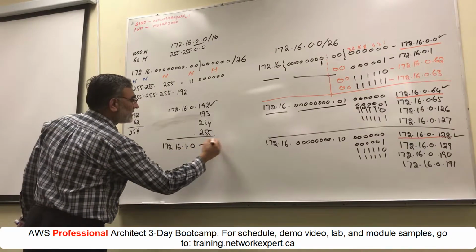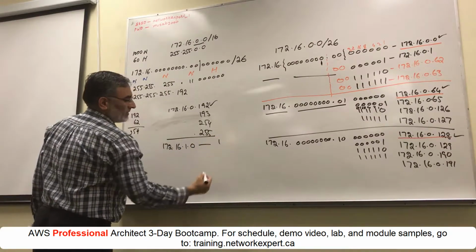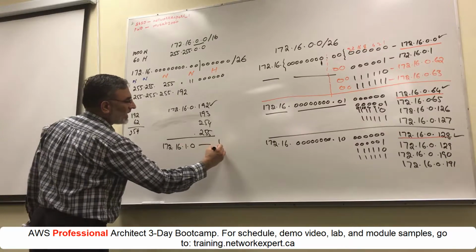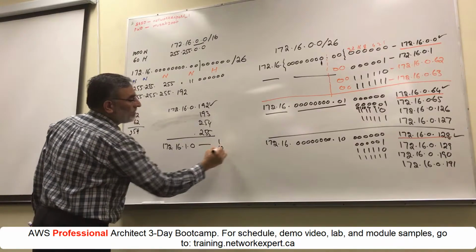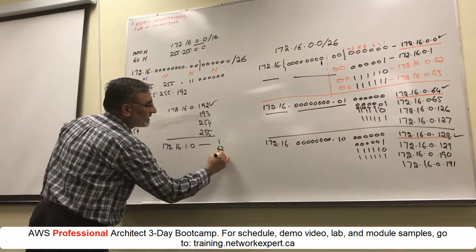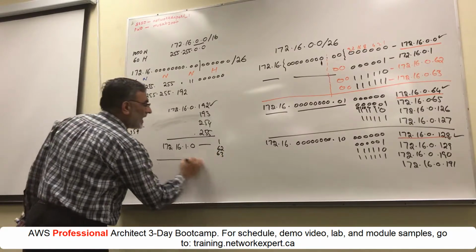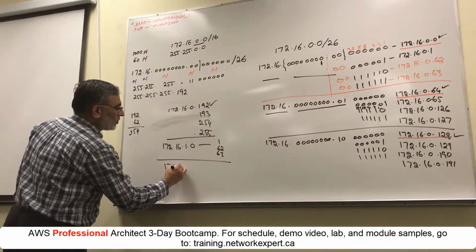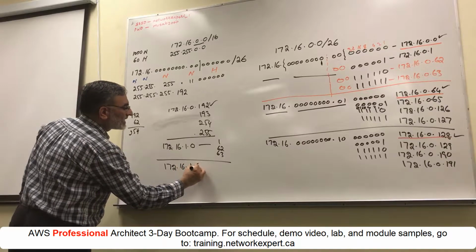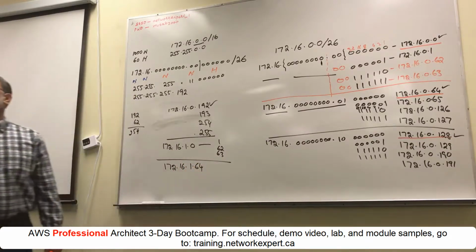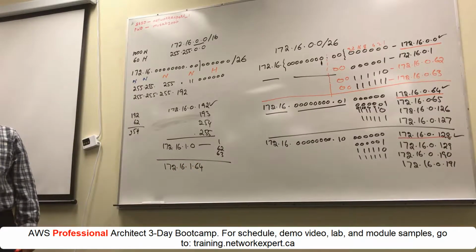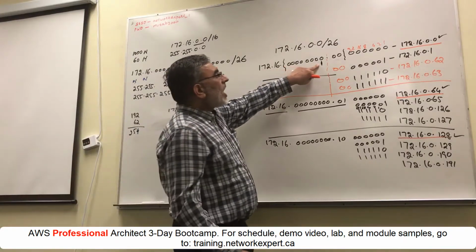And what will be the first valid IP address in this? 1 will be the first valid IP address. 62 will be the last valid IP address. 63 will be the broadcast. And 172.16.1.64 will be the next subnet address. Okay?